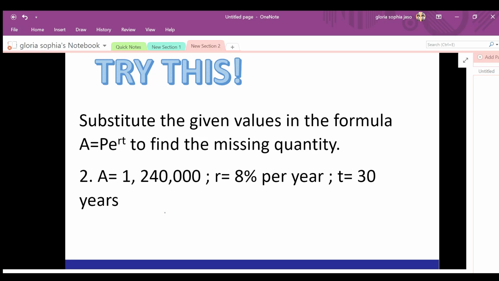So the missing variable in our formula is P. So using our formula, A equals P times e raised to rt, we just substitute the given. So A is 1,240,000 equals P times e raised to r, converting this to decimal, that's 0.08, just divide it by 100, times t is 30.